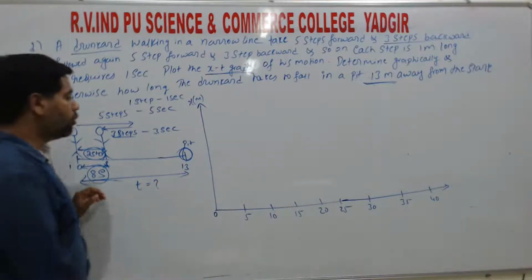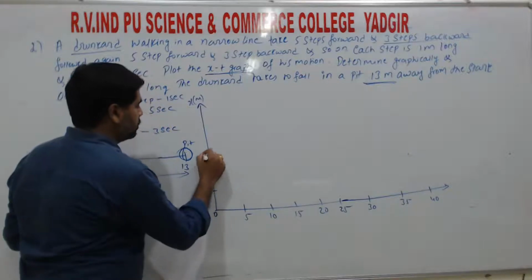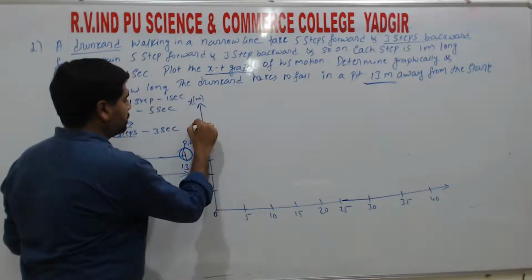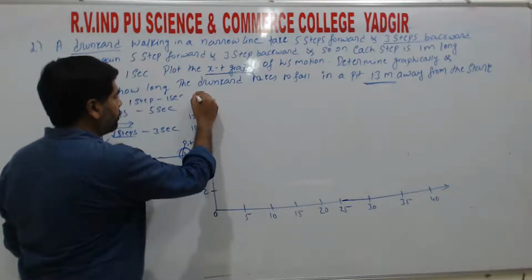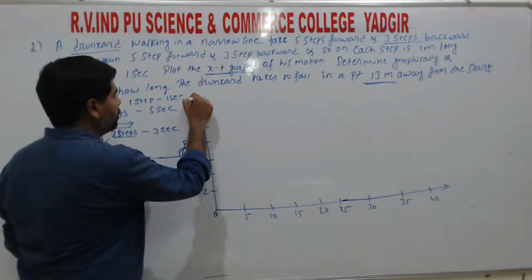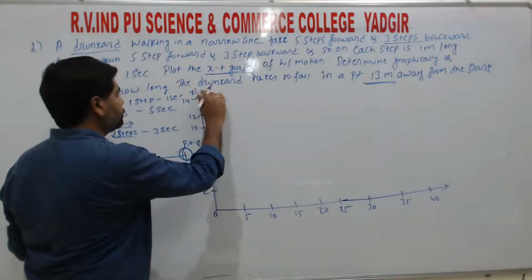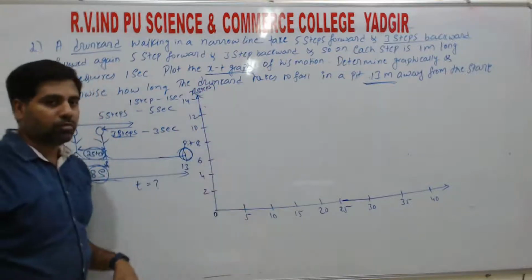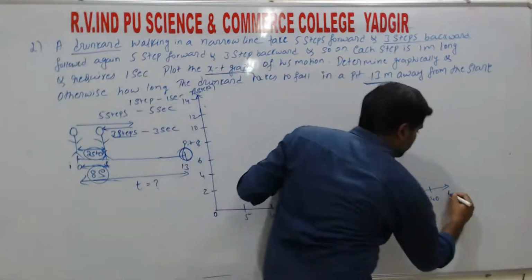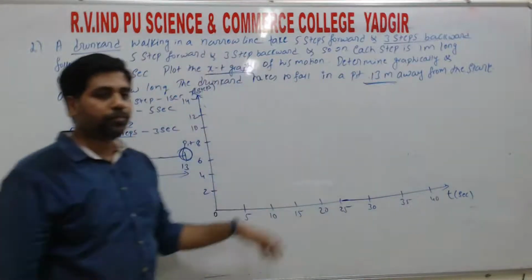So first we plot the graph: 2, 4, 6, 8, 10, 12 steps along the y-axis, and along the x-axis, time in seconds.